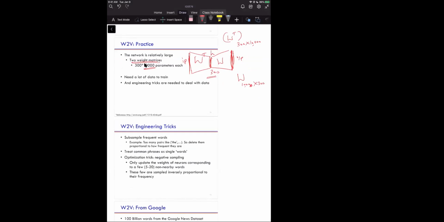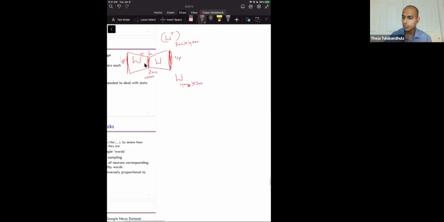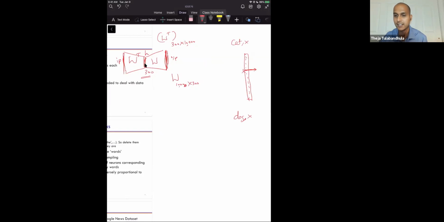So I'll just quickly recap why. Think of it this way: the output is a 10,000 dimensional vector. Let's say there's one 1 and everything else is 0. That's a nearby word. Let's say there's a training example with cat and X, where X could be any word, and another training example, dog and X. You need to see this to say that cat and dog are similar to each other. Not immediate, but for simplicity, for this example, let's say this is true.